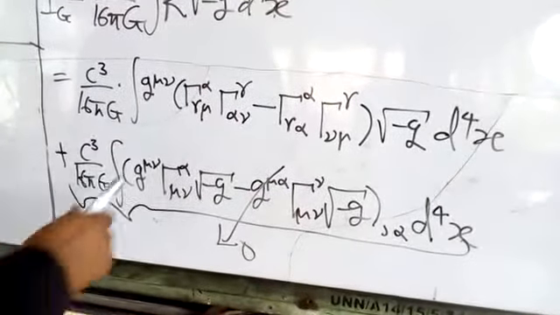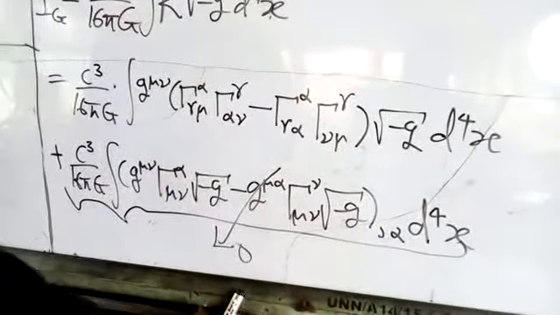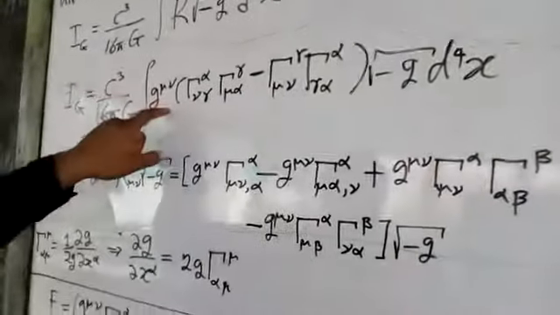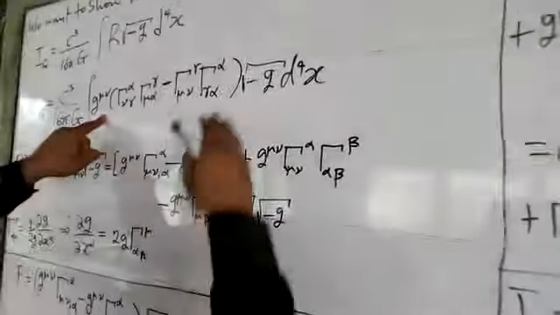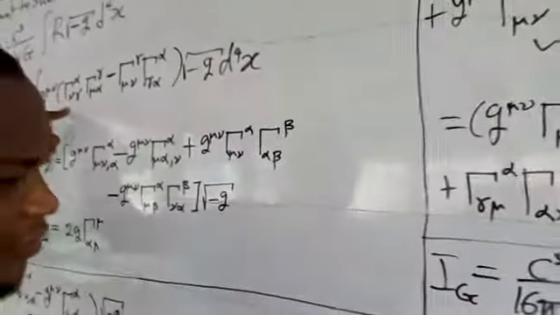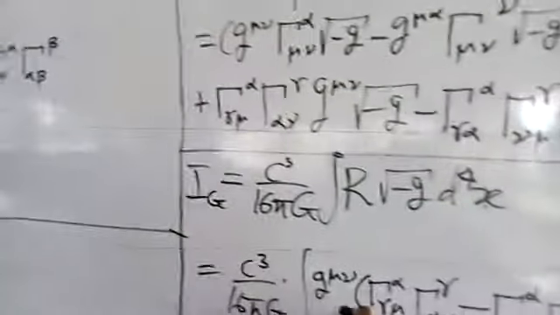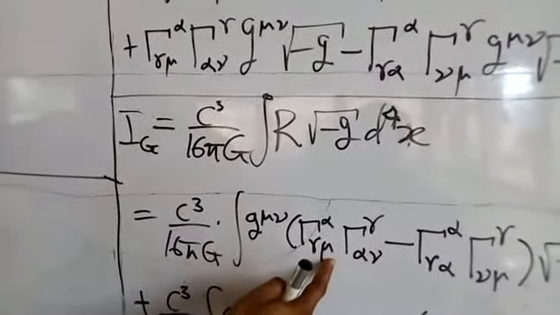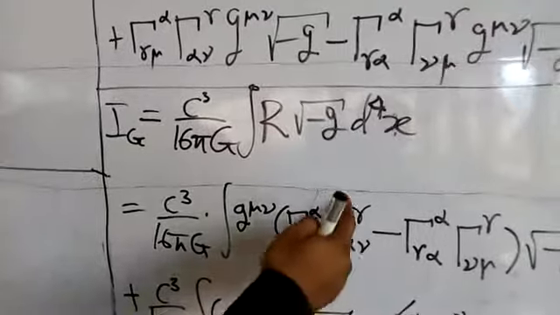So what we're left with is this. In other words, we have been able to show, well, I think maybe we should just take a look here to avoid being redundant. This is g mu nu out here, and this is square root of minus g. What have we got in the bracket? I have here gamma alpha gamma, this is mu, and then here I have gamma alpha nu.